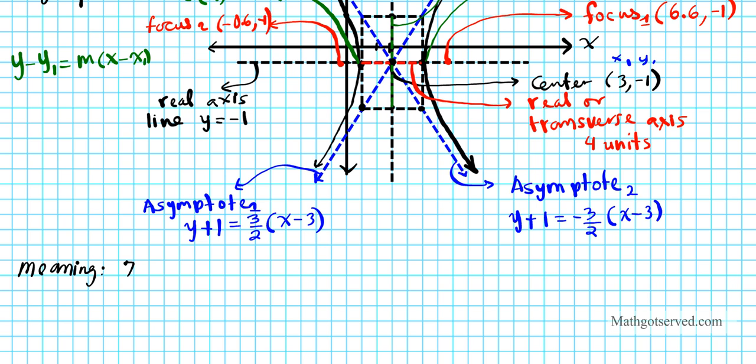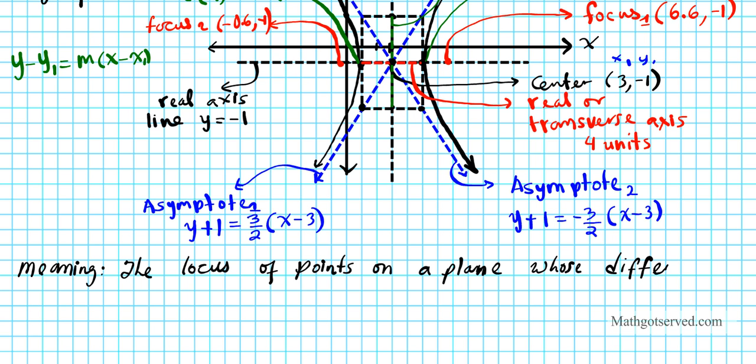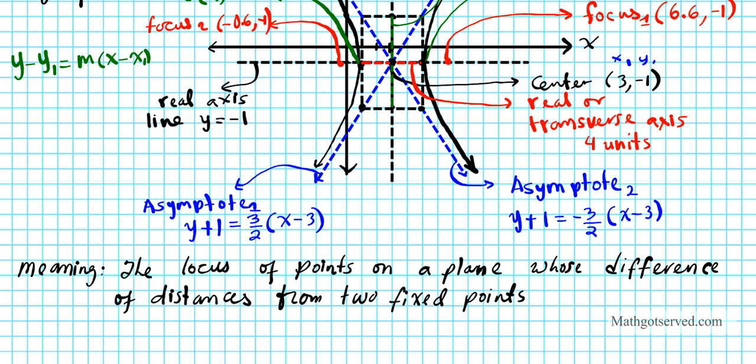So meaning, the locus of points, the set of all points on a plane whose difference, remember for an ellipse it's a sum, but in a hyperbola it's a difference, whose difference of distances from two fixed points. What are the fixed points that we're measuring our differences of distance from? They are the foci.